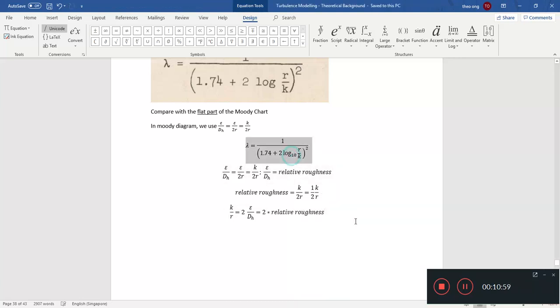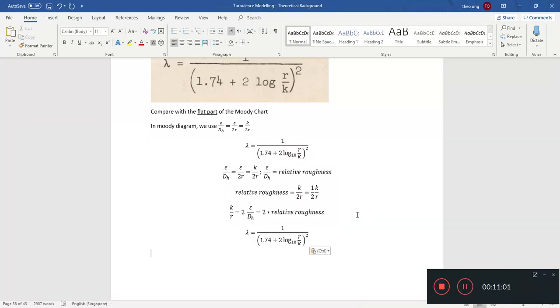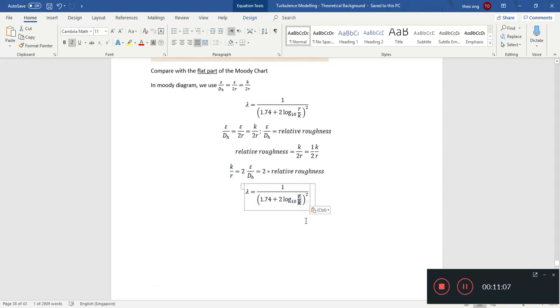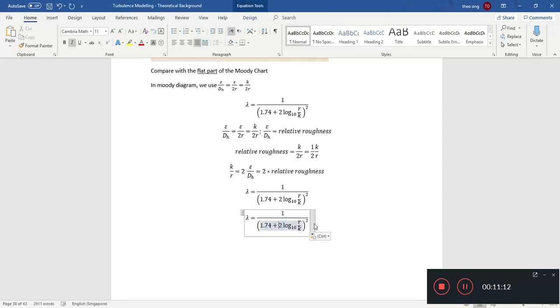Alright, so very simply, we're just going to try to change this into some form of K over R. But we notice that this is R over K, so we just need to swap it around. We'll just do a negative sign out here, and then I'll put K over R instead.